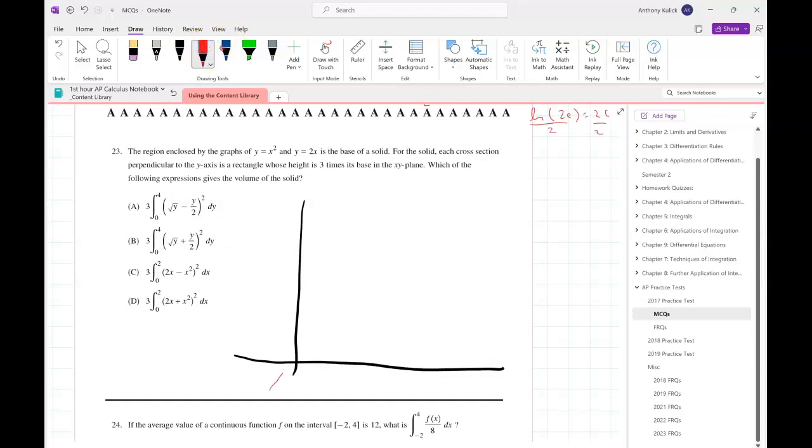Y equals 2x is going to look like that, right? Straight line through the origin, slope of 2. Y equals x squared is a parabola. It's going to look like that.